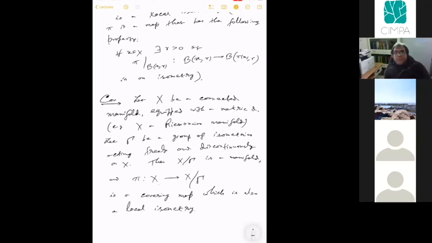Now the proof of the theorem I think is not difficult, but I will skip the proof at the moment.